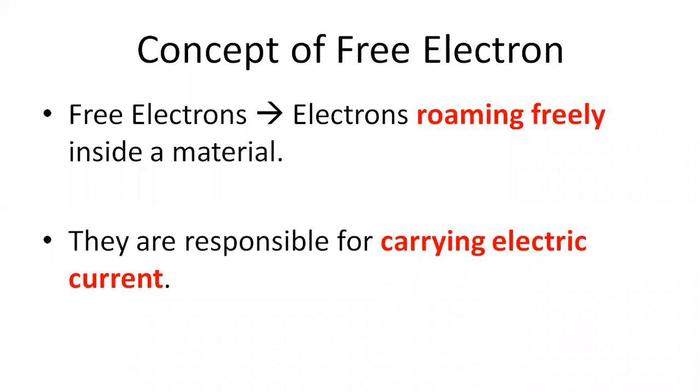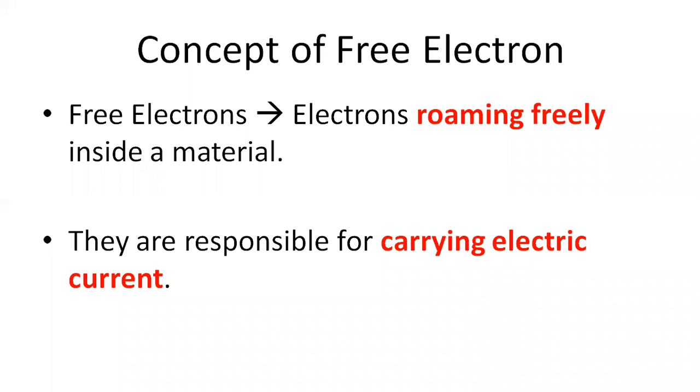As any substance will have a different number of electrons, not every electron in a substance is taking part in electricity. Suppose I have a material of iron; not all the electrons present in that iron will take part in electricity. Only a few of the electrons will take part in electric current flow.